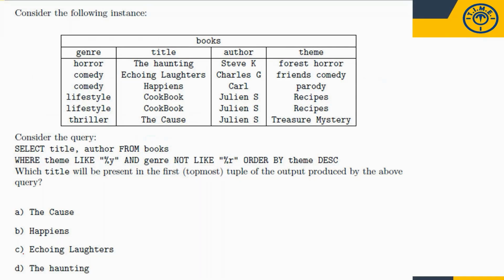Sir, option C. Yeah, sorry. So what is the answer?